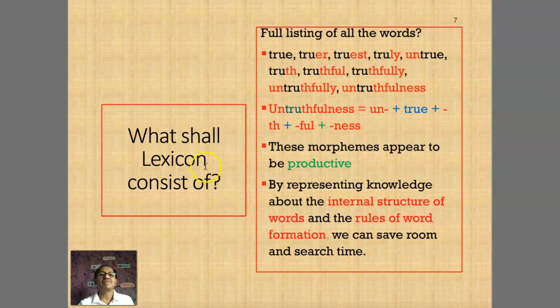It will also save space. So that's why we need to do morphology. Why do we need to do morphology? If somebody asks you a question like that, you'll say morphology is necessary to save space in the lexicon, and to search for a particular word in the lexicon is easier.